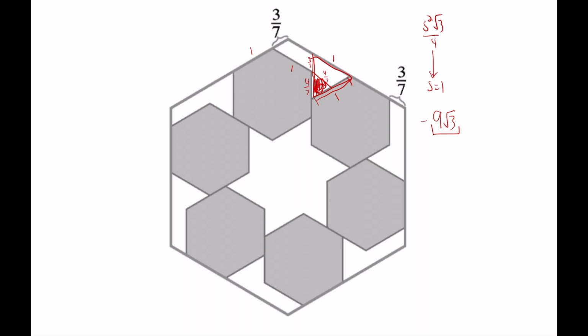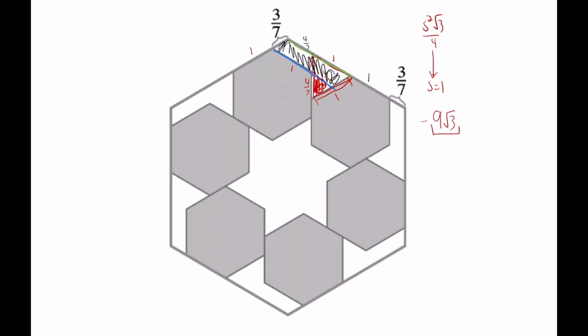But since the black shaded region is a parallelogram, we know that this side length, the blue side length and the green side length have the same length. And since the blue side length has a length of 13/7, the green side length also has a length of 13/7, meaning that this is 4/7.